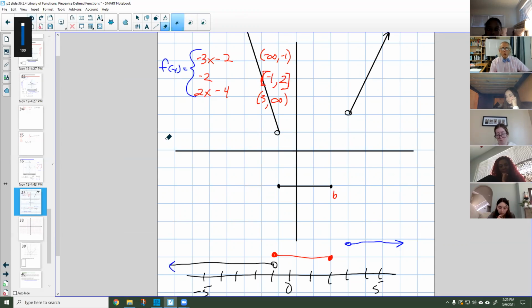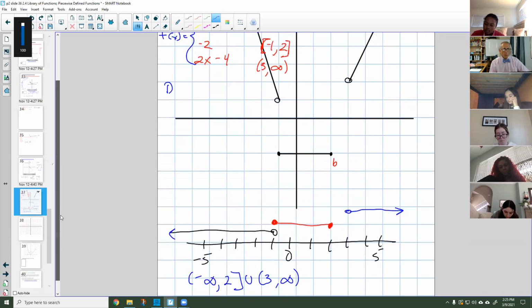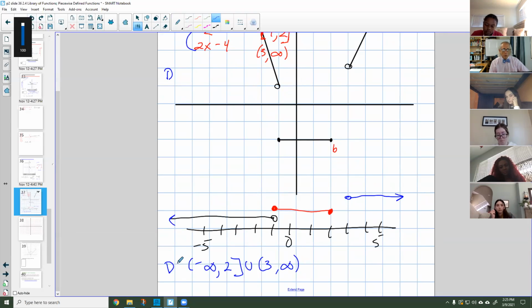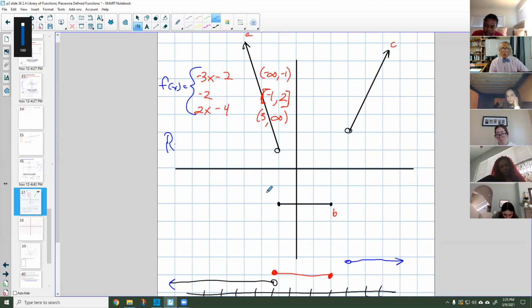Okay, so let's talk about the range a little bit. The range is a little bit funny on this one. The domain is down here. The range is a little bit odd because my lowest y value is -2, but it's a constant. So my range starts at -2.